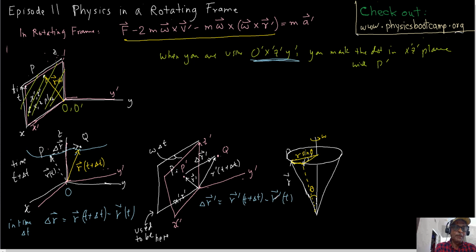Here it looks like r prime(t) is equal to r(t), but this r prime, which is rotating away from the original place it used to be. Because I'm in the rotating frame, I remember it's in the x prime, z prime plane, but I'm not aware in this calculation that it has moved away. I have to use where the point I marked was, and that point has actually moved with me, so it will be a little bit different.